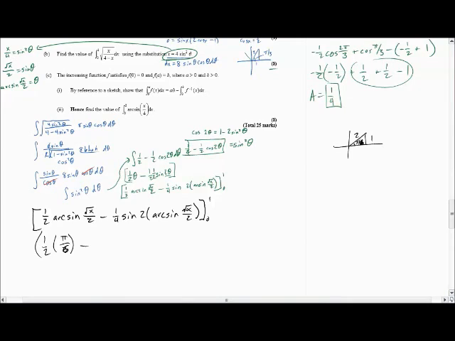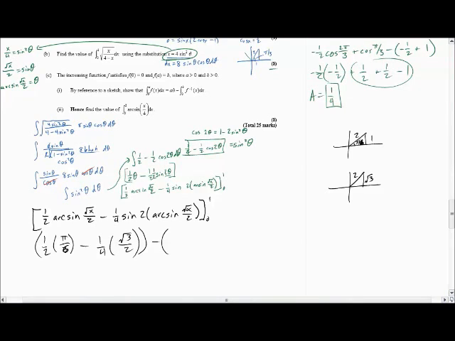So what I want is the sine of pi over 3. And so the sine of pi over 3 is just square root of 3 over 2. So it's going to be 1/4 times the square root of 3 over 2, because first I found the angle, I doubled it, and then I did the sine of it. And that all is with the 1, and then I'm going to subtract with the zeros.